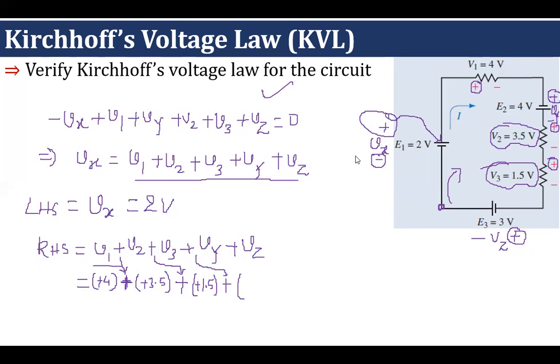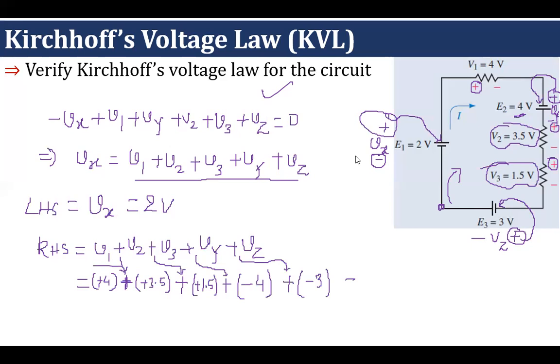What is the value of Vy? So see, this plus measurement sign is towards the negative plate of the battery, so the measured value will be minus 4 volt. Okay, so this is going to be minus 4 plus, this is from KVL, so we have to keep it in the same format. Vz is what? This plus sign is towards the negative plate of the battery, and so this is going to be minus 3 volt.